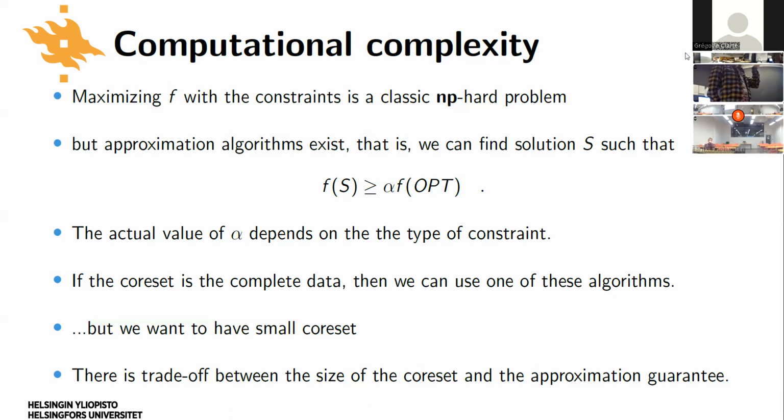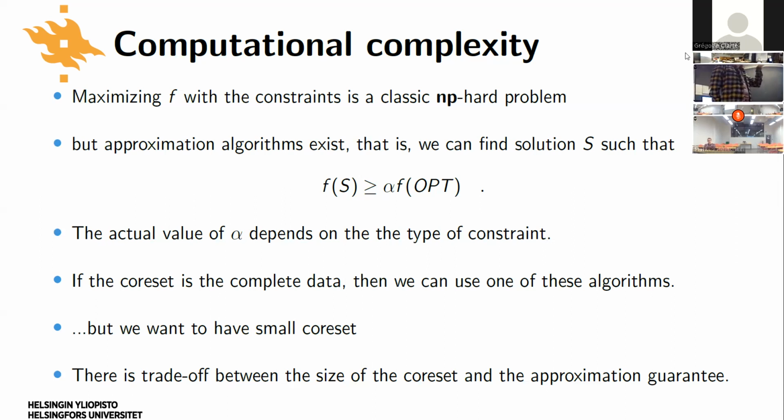But typically with these algorithms, you can show that there's a constant alpha such that the quality f(S) of the solution the algorithm finds is larger or equal to alpha times the optimal, where alpha is smaller than 1. The actual value of alpha depends on the type of constraint you're using. If you have a cardinality constraint, it's 1 minus 1 divided by e. With other constraints, such as matroid constraints, you get a slightly smaller alpha.